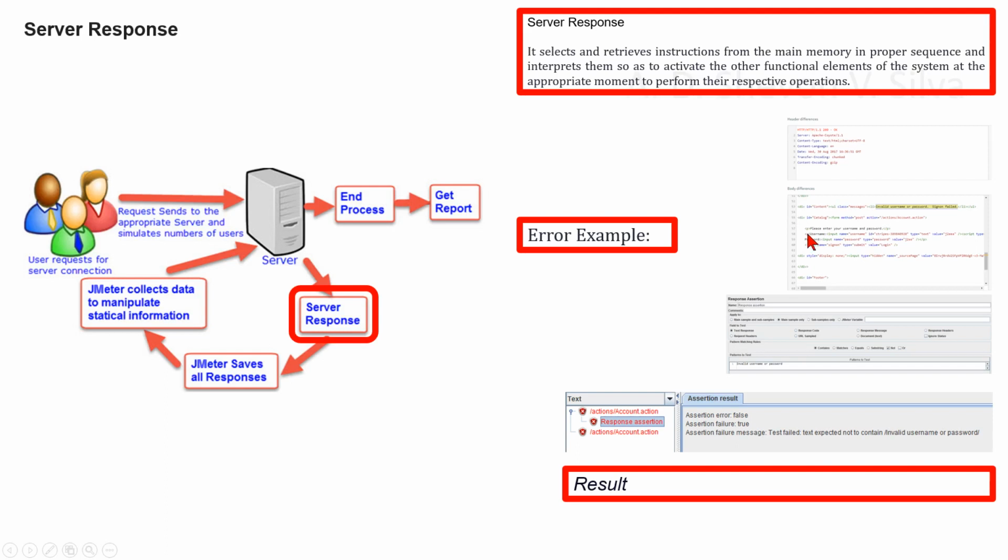In the body you can see here invalid username and password, sign-on failed. So based on the default validation, this will be considered okay, and the script will continue even if you are configured to stop on an error.